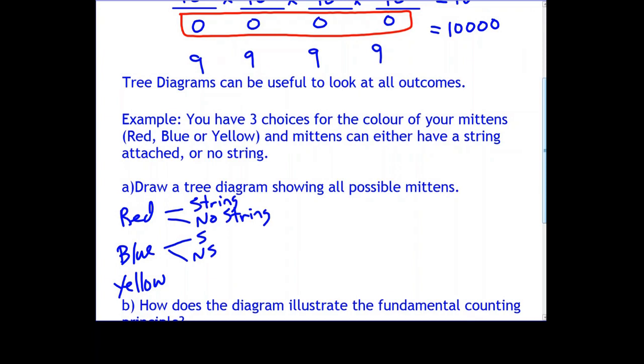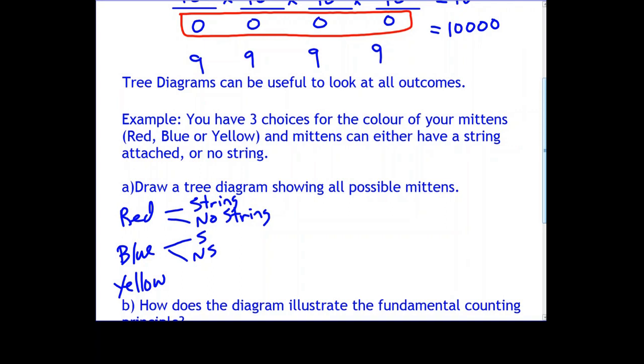So there's a tree diagram. It shows all of the possibilities. Some of you might write your tree diagram in this fashion instead: red, blue, and yellow, and then your string or no string down here. It doesn't matter which way you do it. Whatever your personal preference is, and you can go from there.